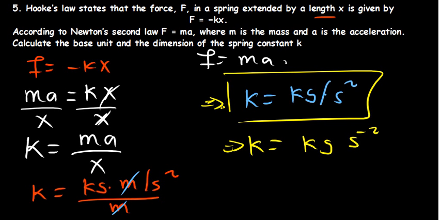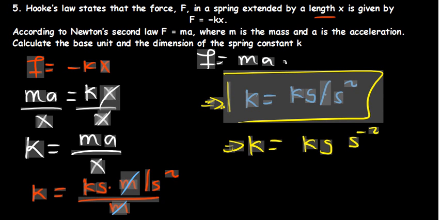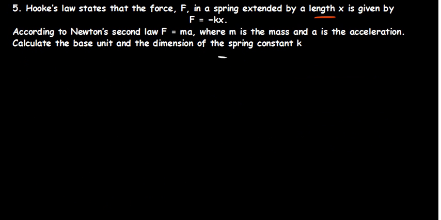Now, what are the dimensions of k? To find the dimensions, since F is given by kx, and F is also given by ma, I'm going to replace F with ma.